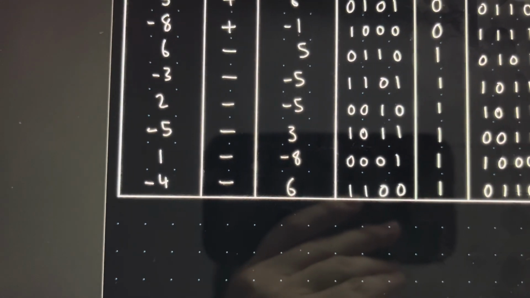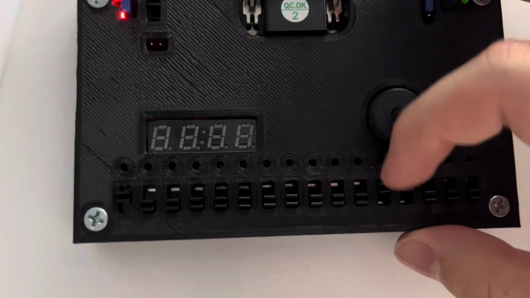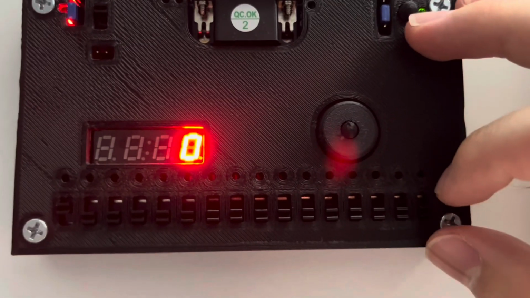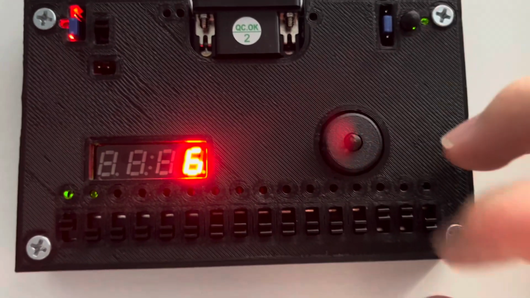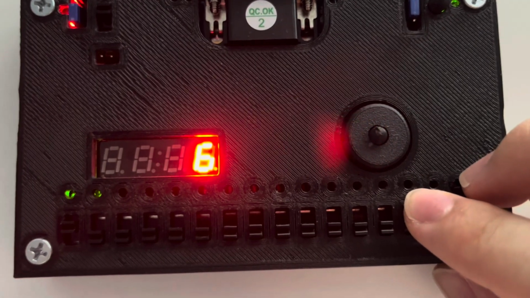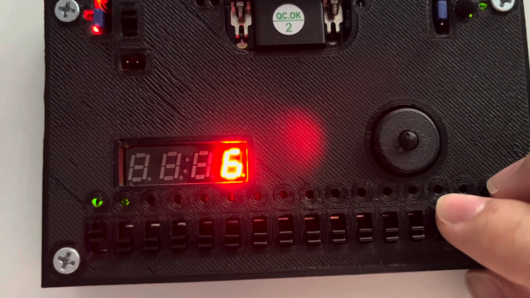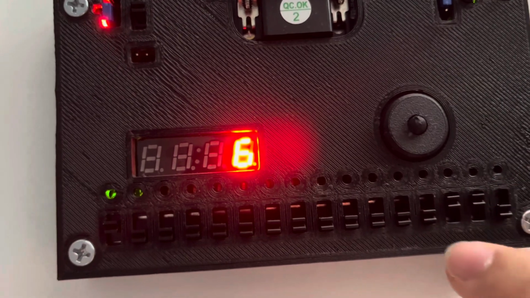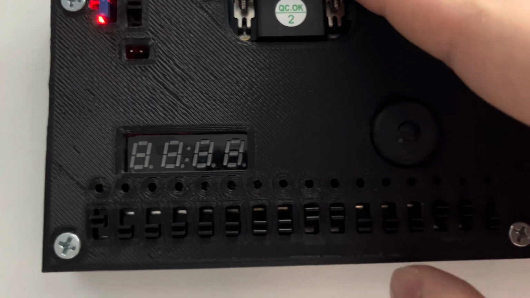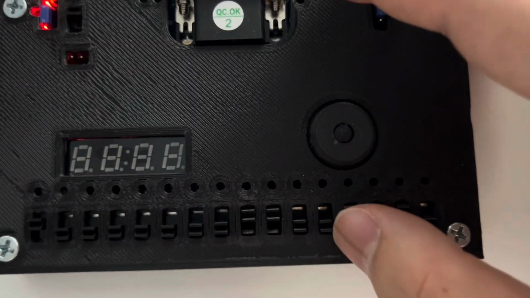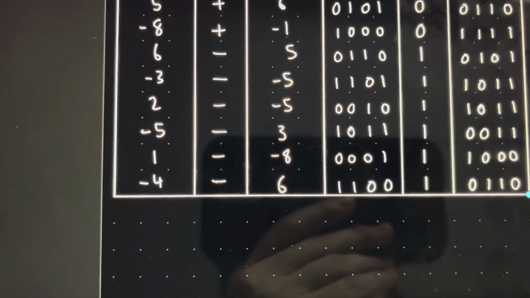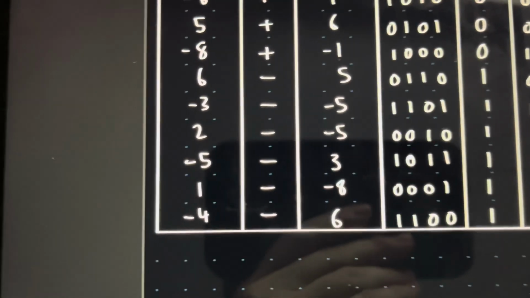Now finally, negative 4 minus 6. Okay, so let's get the 6 out of the way. And then a 1, 1, 0, 0. This is not valid because it's supposed to output negative 10, right?